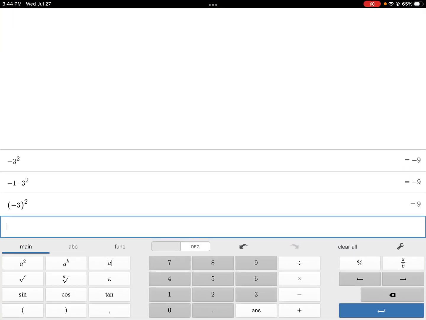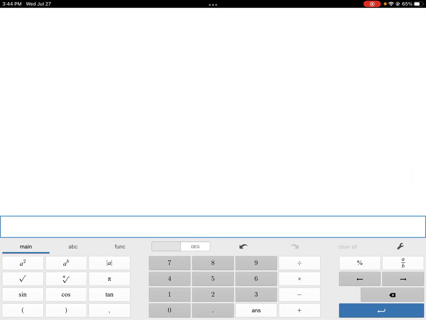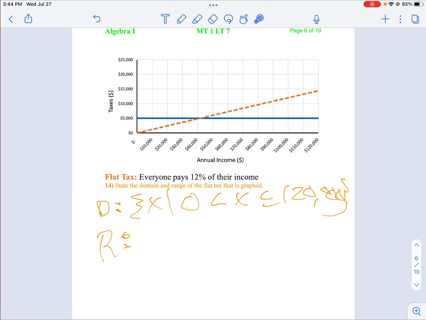So I'm going to take 120,000 times 12%. And notice I get 14,400. So that's what I'm going to say in my range.